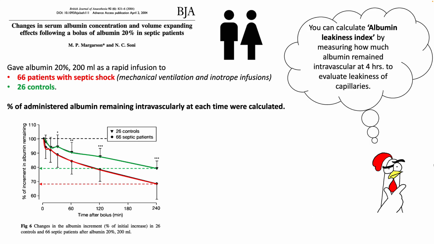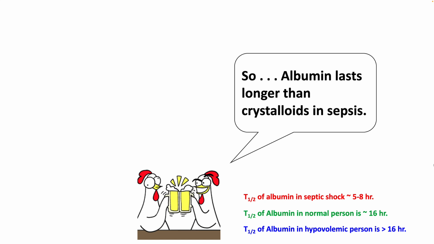One of the ways you can use albumin in this regard is by calculating the albumin leakiness index, which measures how much albumin remains intravascular at 4 hours, and this can give you some idea about the leakiness of the capillaries. So one thing we know is that albumin certainly lasts longer than crystalloid in sepsis.